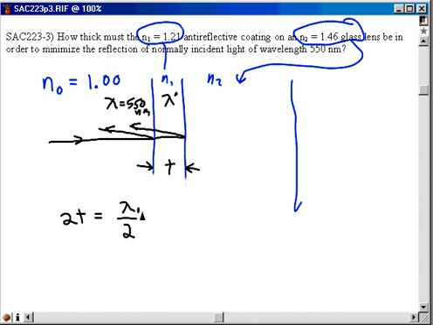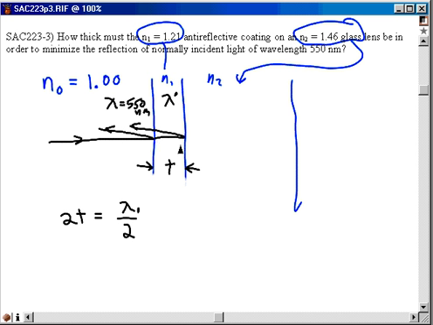I need one more consideration. This is accurate if there's no phase reversal, or if you get phase reversal at both surfaces. We're going from a lower index of refraction bouncing off of material with a higher index of refraction, so we'll get phase reversal right here. A crest coming in would immediately be a trough on the way out.